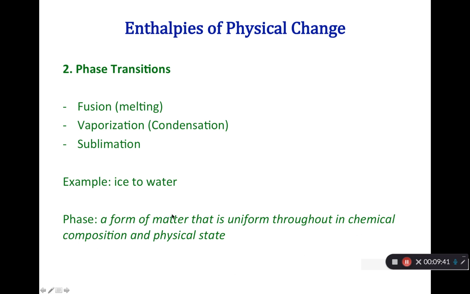A phase is a form of matter that is uniform throughout in both chemical composition and physical state. For example, ice is a phase, liquid water is also a phase. A phase transition occurs when one phase changes into another spontaneously at a given temperature, such as melting, vaporization, or sublimation.